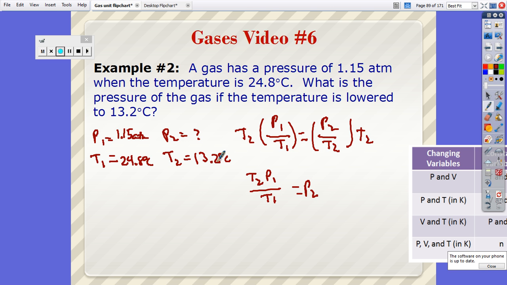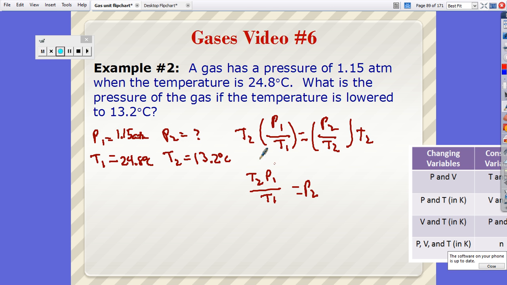Now, going back and taking a look, we have Celsius and Celsius, and we know this only works in Kelvin. So I'm going to add 273 to both of these to get 297.8 Kelvin, and on the other side, 286.2 Kelvin.